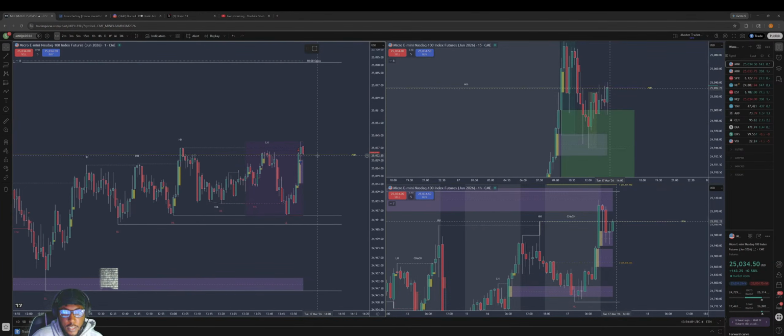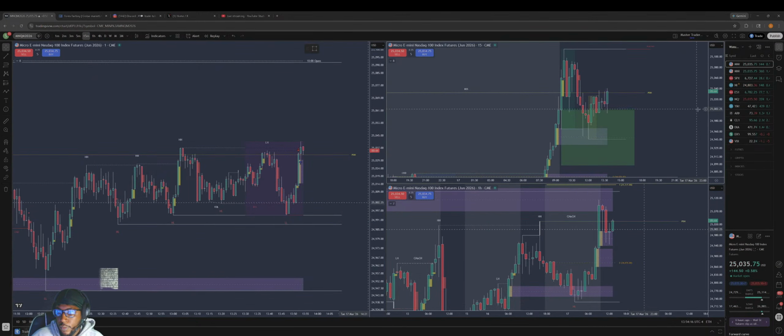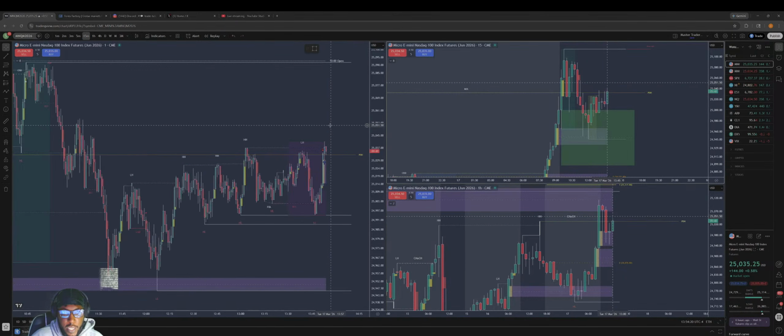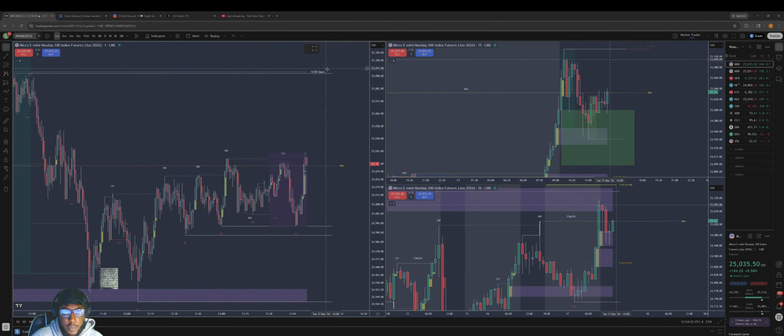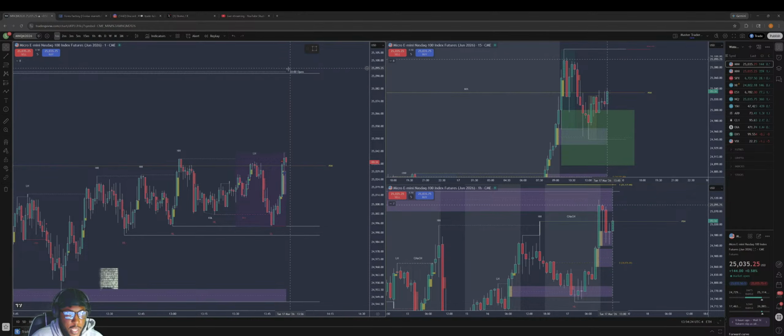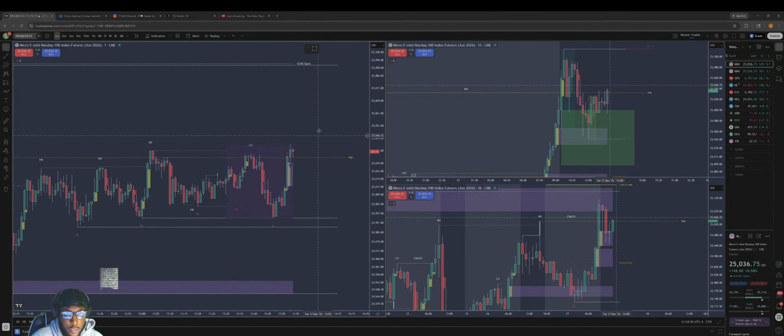All right, let's see. So we made a nice move off our previous day high. All right, now maybe if we get strength above this previous day high, then we can make a move back up to these highs up here. So I'm not leaving that out of the question as well.